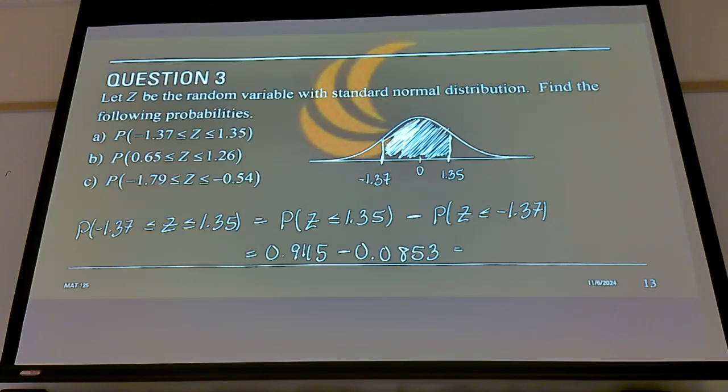That is super overkill for this problem. Here's your probability. See that? So notice all these problems have literally been just reading from the chart, and a little bit of graphical interpretation.